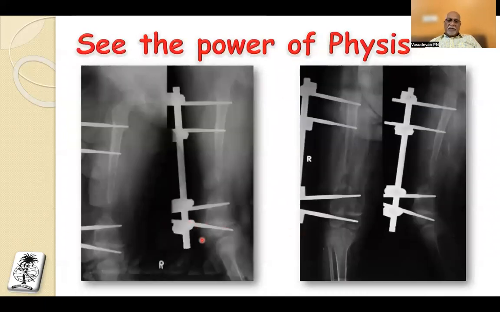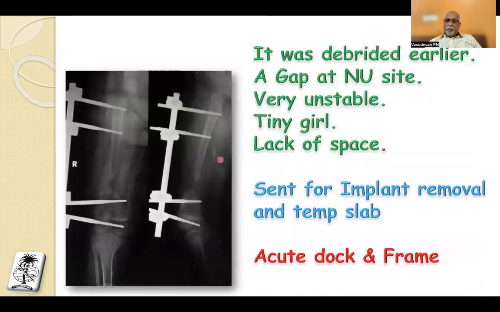See now what happens? The pin, that is the power of epiphysis. It is actually bending the pins on both sides and the fracture site got absorbed and you can see a big gap there. And it was debrided, either naturally or by the surgeon. I don't know the details.